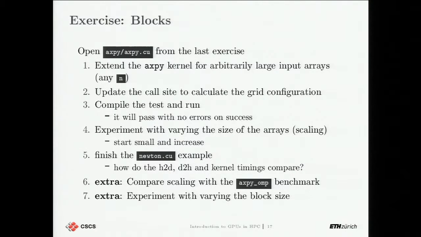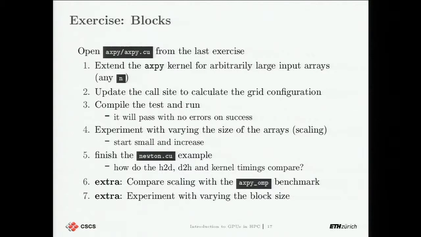And then once you've done that, there is another example called Newton.cu, which has got some work for you to do. You can finish that off, and then have a look at how the timings for the memory transfers and the kernel timings compare to those for the AXPI example. And if you get to the last couple, just ask me, and we can have a look.